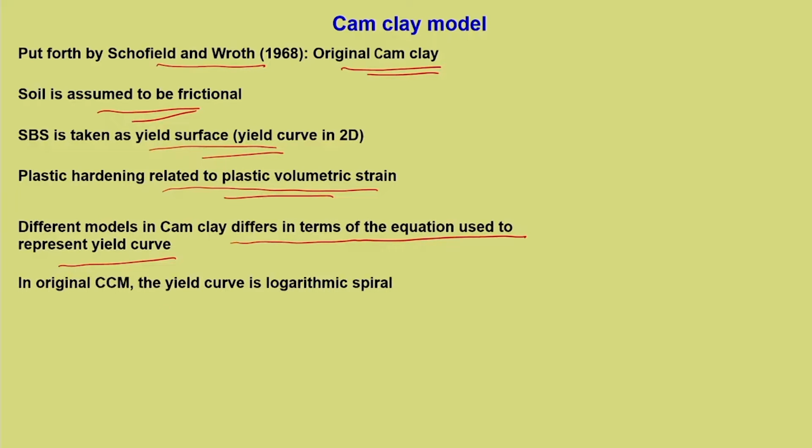In original Cam-Clay, the yield curve is a logarithmic spiral. Because of its closeness to the kind of boundary that we have seen, the logarithmic spiral happens to be closer, and that is why for the Cam-Clay model, that shape is adopted as the yield curve.